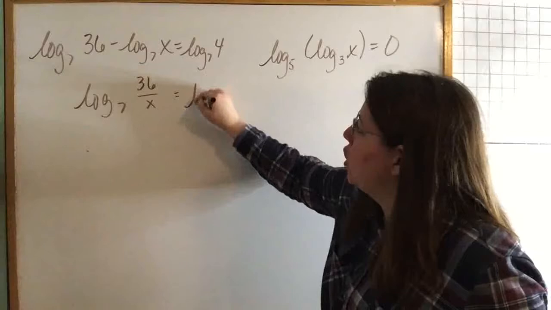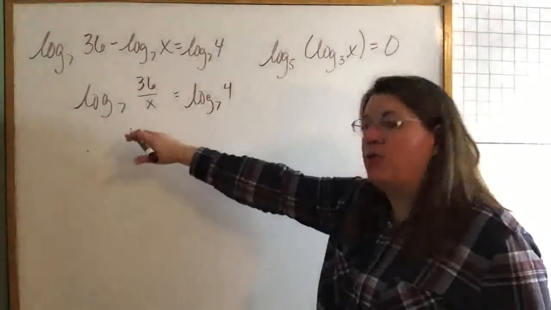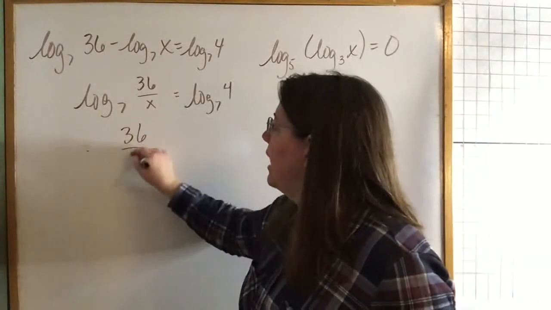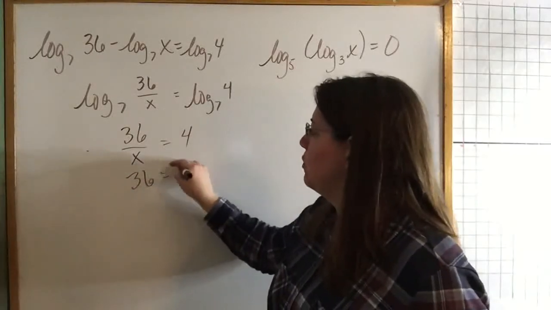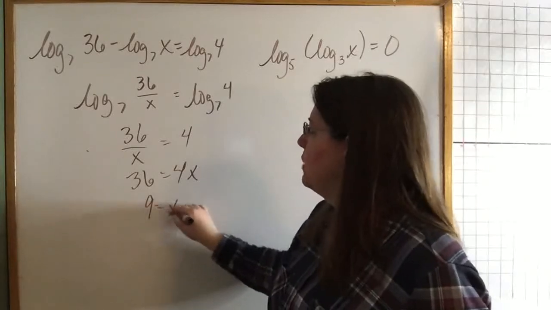That equals log base 7 of 4. Now that they both have a log base 7, I can cancel that out. And I've got 36 over x equals 4. So 36 equals 4x. So 9 is equal to x.